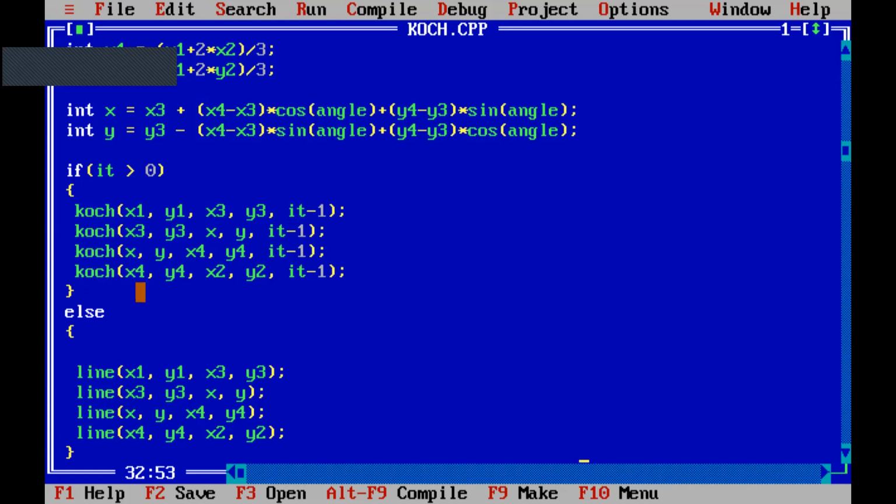And the fourth segment is calling Koch from x4, y4 to x2, y2 with the value it minus 1. So as long as the iteration value is not going to 0, these functions will be called repeatedly. Once it is 0, it will draw the lines between these points. Okay, so that is all about the Koch curve.